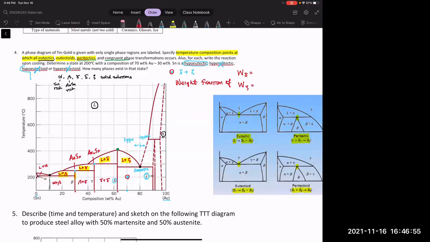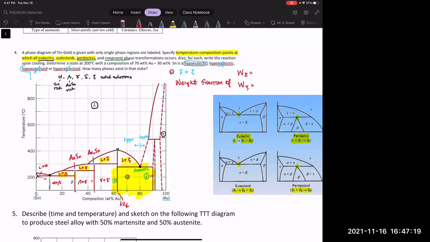So we're looking at this region right here. We need to get several composition points first. One of the composition points is this point, it's about 62. Okay, 62% of the gold.